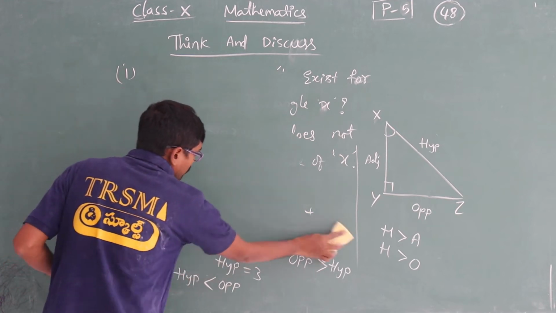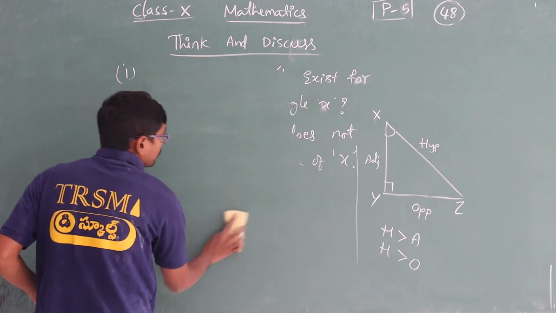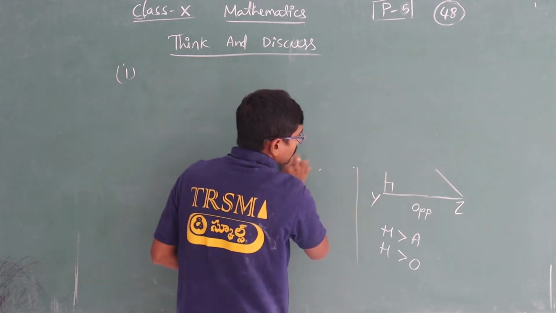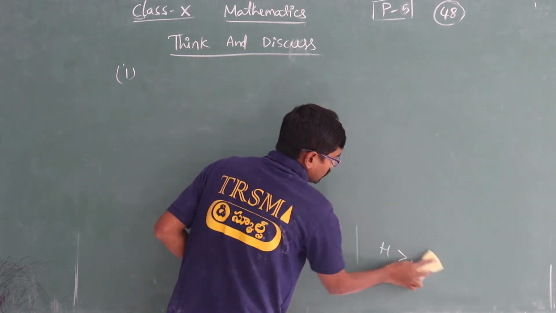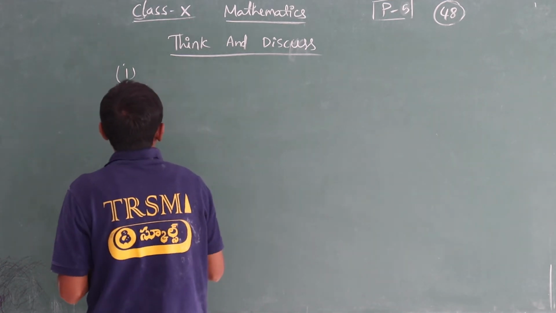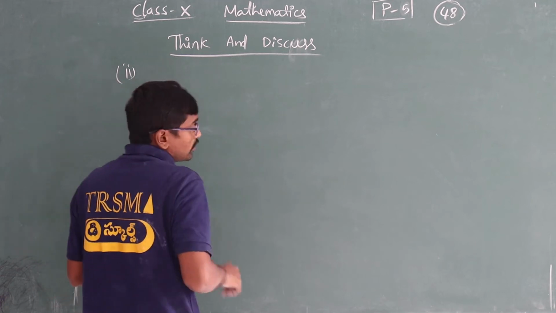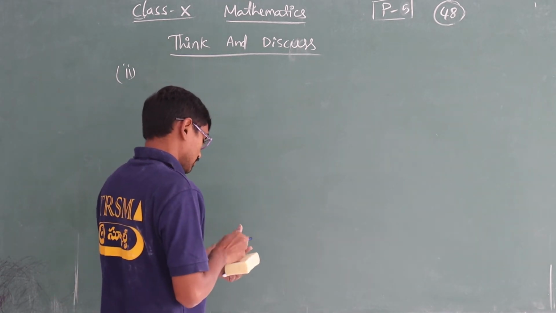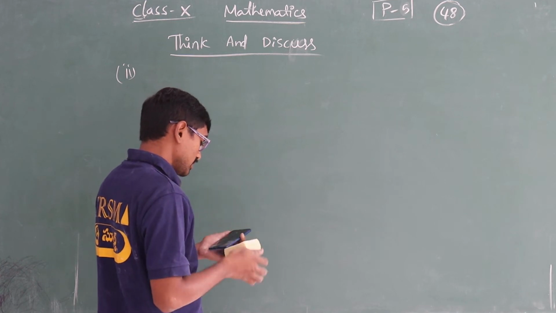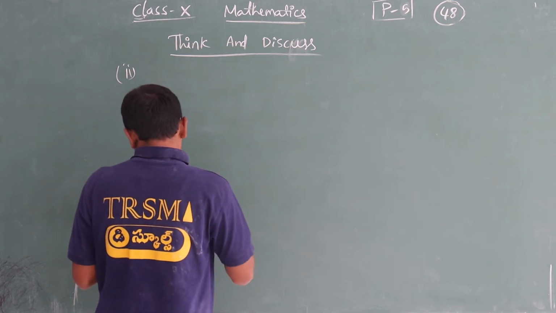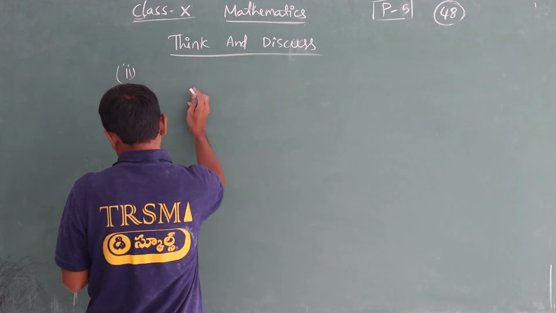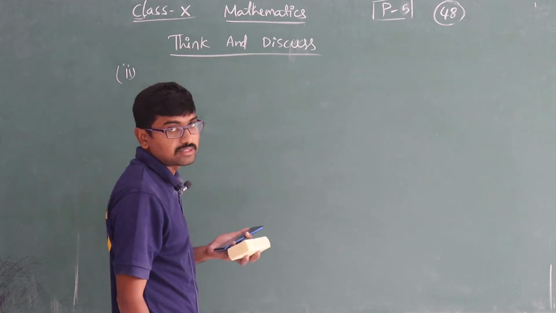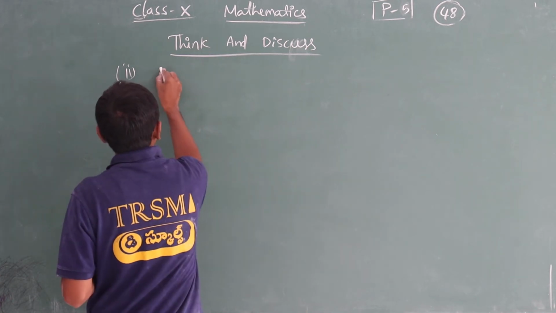Okay, coming to the second question. Second question, what do we have here? In question number 2, the value of sin A and cos A is always less than 1. What did he say?